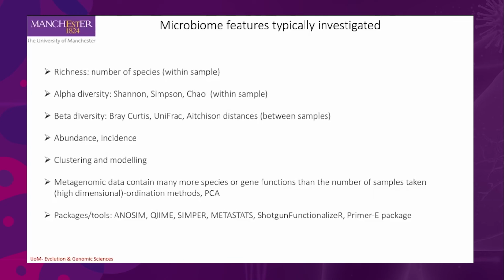Then we have beta diversity. So beta diversity essentially is the comparison of samples based on their composition. And over here, basically, we use distance approaches and ordination methods to plot them into 2D or 3D plots.